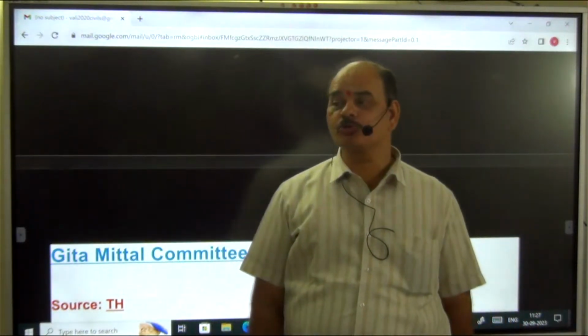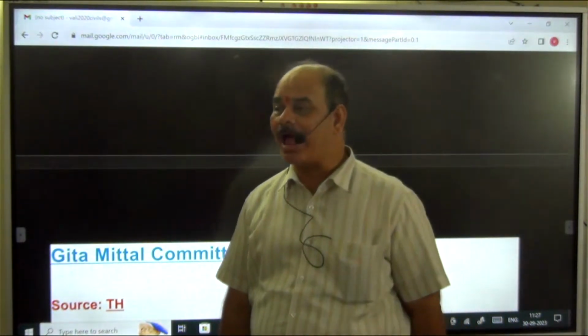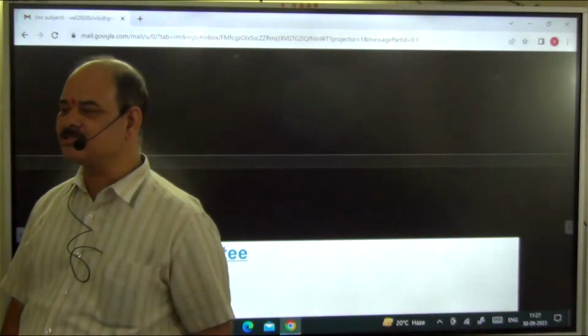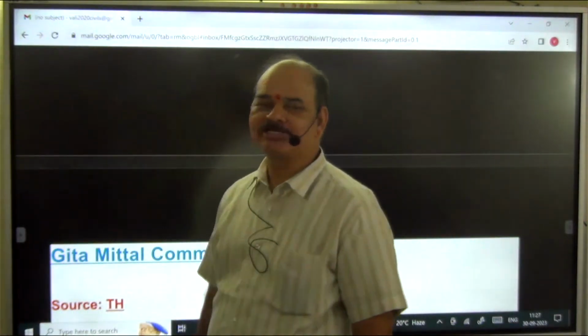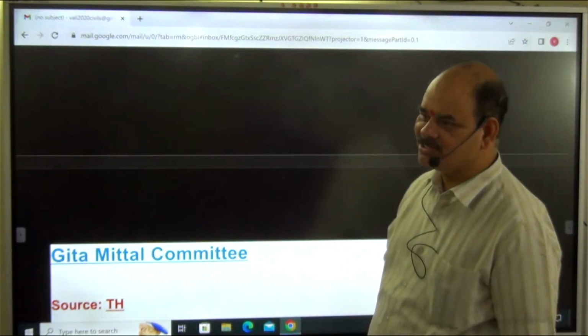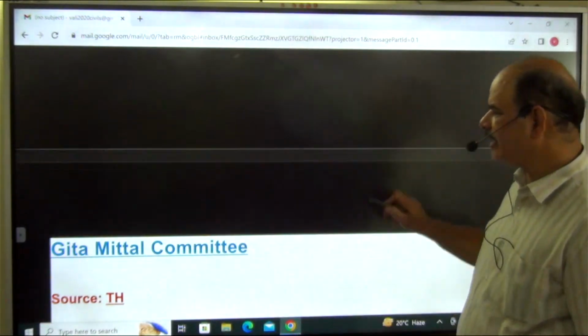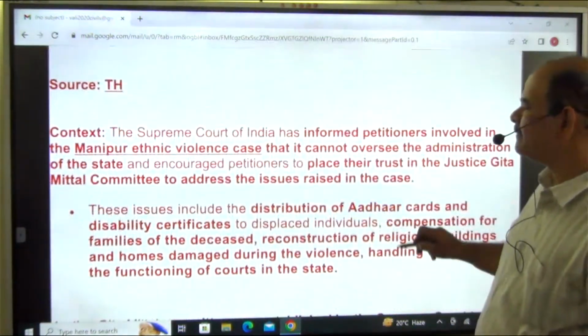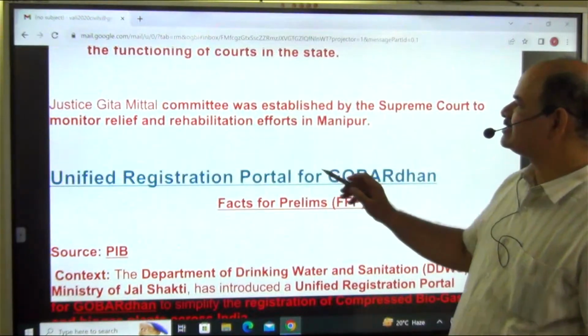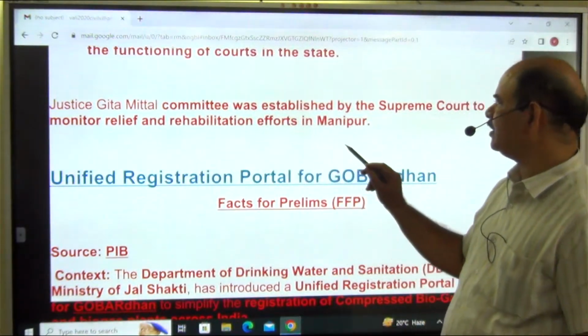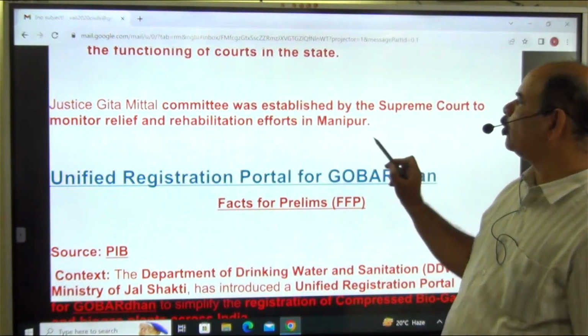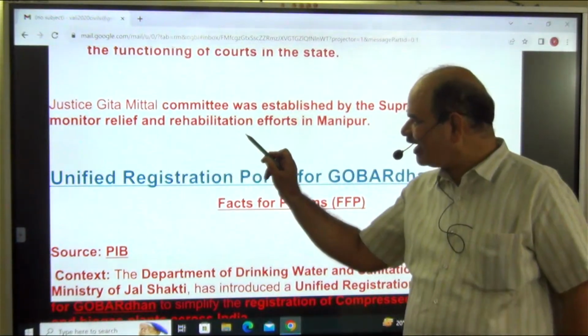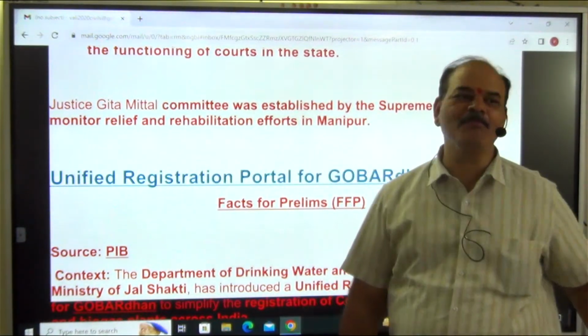It was constituted to study the rehabilitation package for the victims of the Manipur violence, including the construction of temples. Justice Geeta Mittal Committee was established by the Supreme Court to monitor relief and rehabilitation efforts in Manipur.